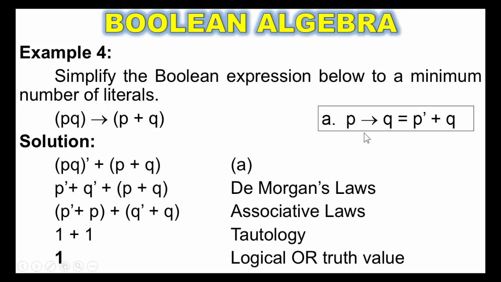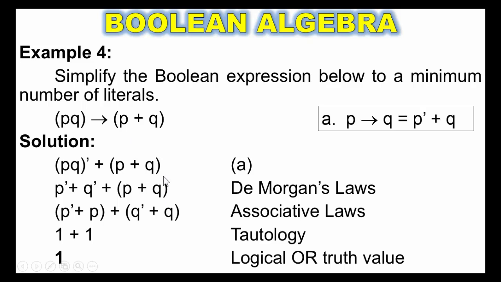Letter A, this other logical equivalence: if P then Q is equivalent to not of P or Q. Applying now this logical equivalence, it becomes now not of the quantity P and Q. That conditional proposition becomes now an OR, and then we copy quantity P or Q.